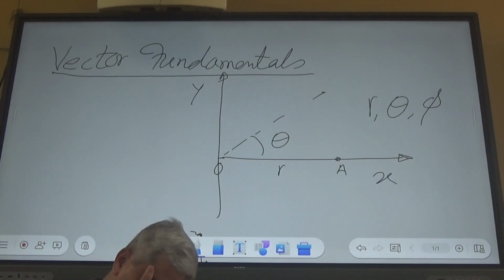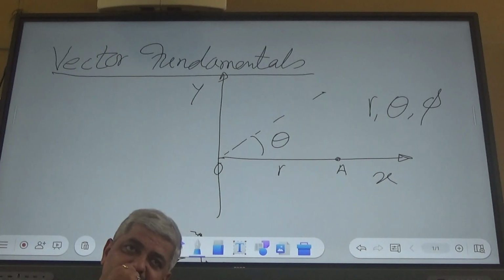Now listen very carefully. A line is a subset of a plane. A plane is a subset of a volume. A volume is a subset of what?